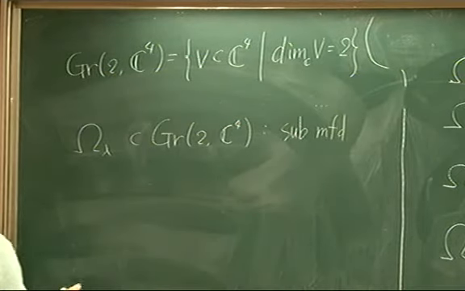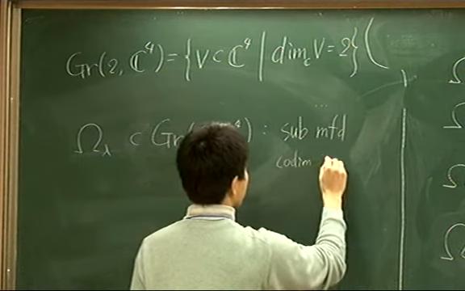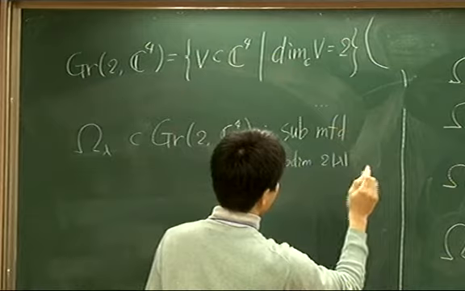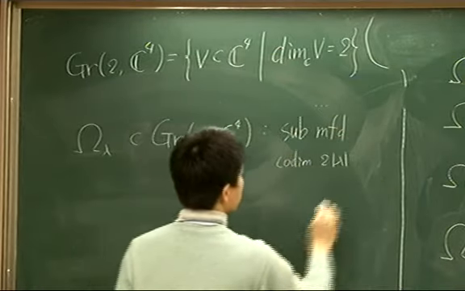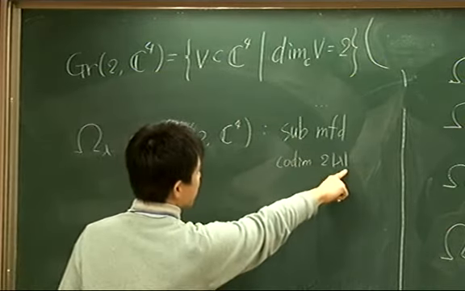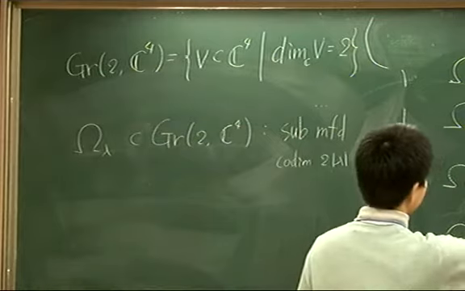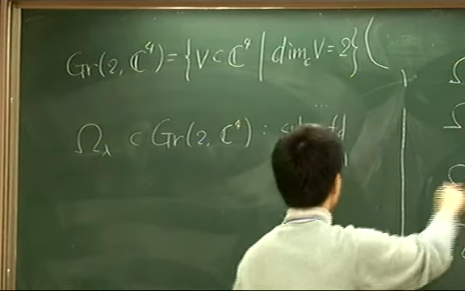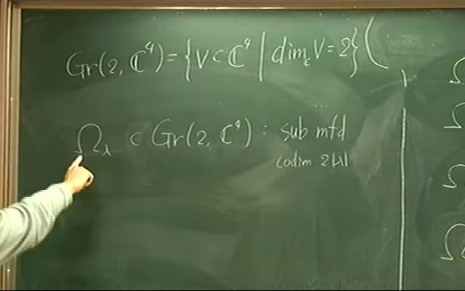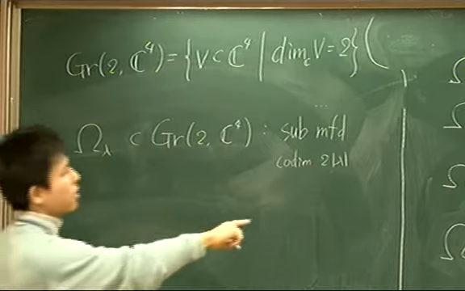So what is the volume for lambda? It's just the number of boxes here. Anyway, the condition for a line corresponds to some submanifold.